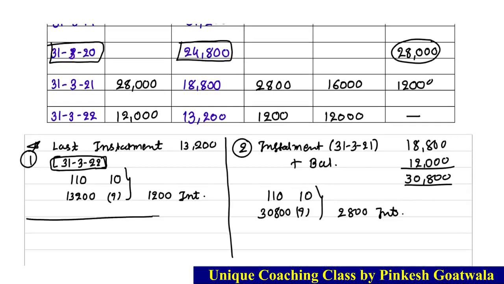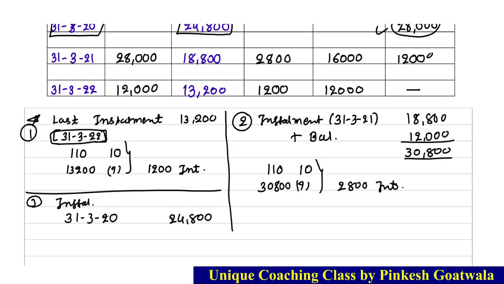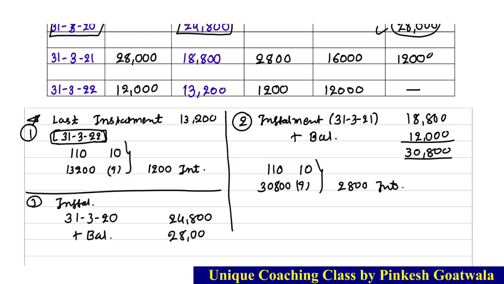Now the third. So installment on which date? 31st March 20, 24,800. Here we have to add the balance, 28,000. Now let's total this.